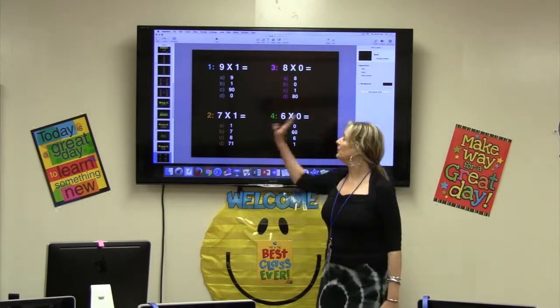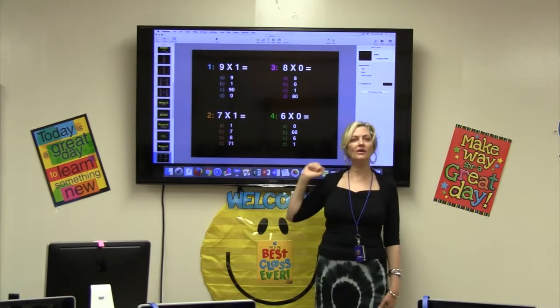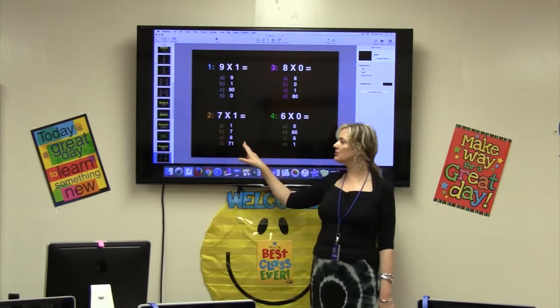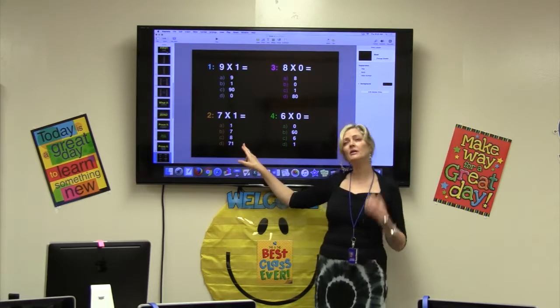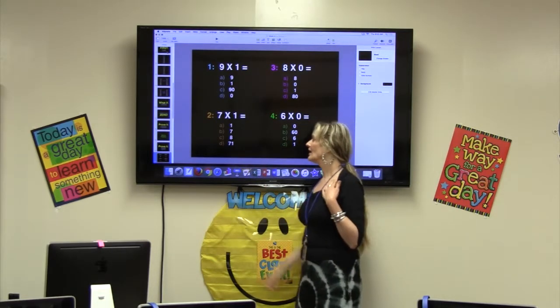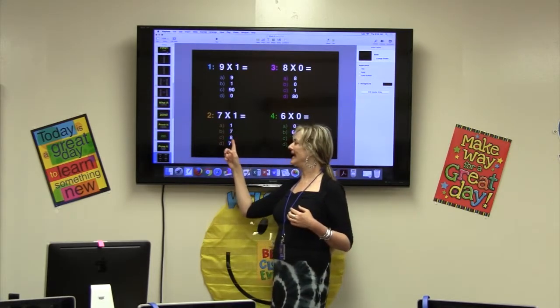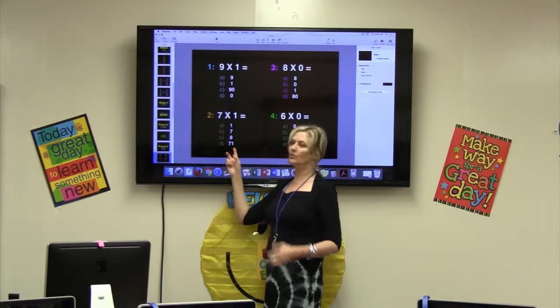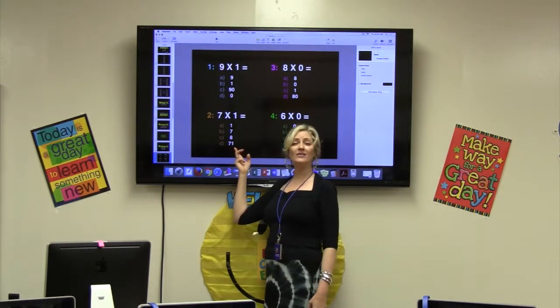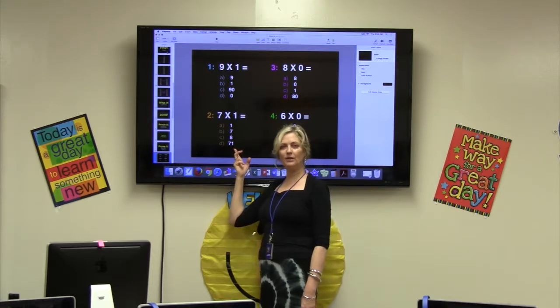So you should be able to know what the correct answer is for number 1. So you should have already written that down. Moving on to number 2, 7 times 1 is equal to, and you should be able to write that down. A is 1, B is 7, C is 8, and D is 71. So you can write the letter or the answer. It does not matter to me what you do.